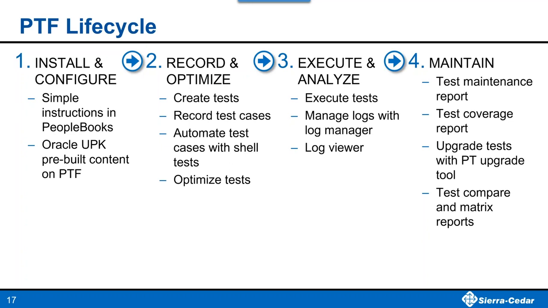And then you can upgrade those tests with the upgrade tool. And then finally, test, compare, and matrix reports so that you can see what you've done, where you've been, and where you're going to go.